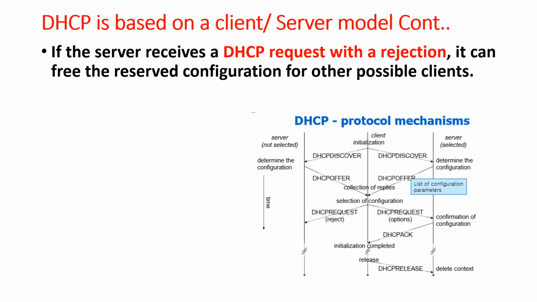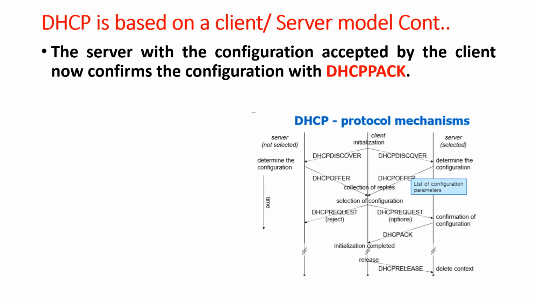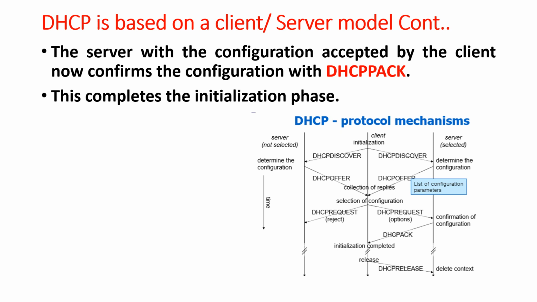This is indicated in this diagram. The server with the configuration accepted by the client now confirms the configuration with DHCP Ack, that is indicated in this diagram. This completes the initialization phase.